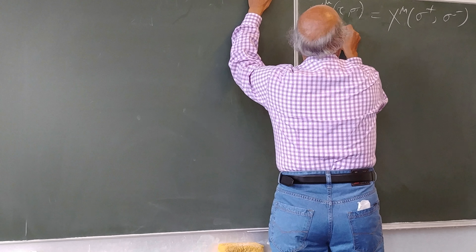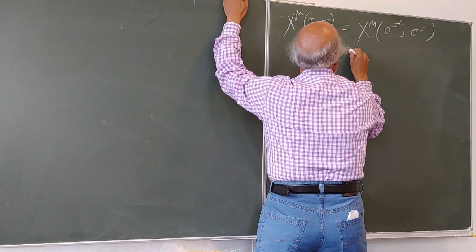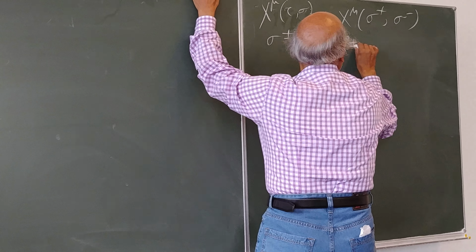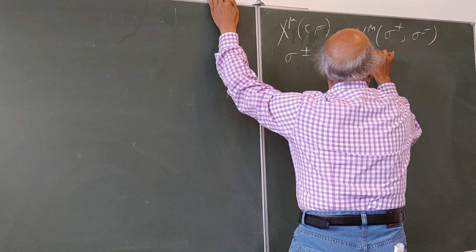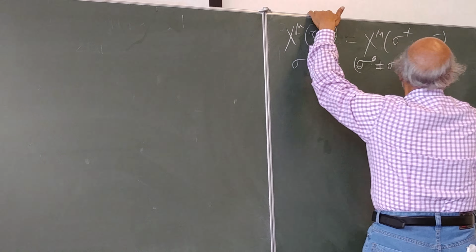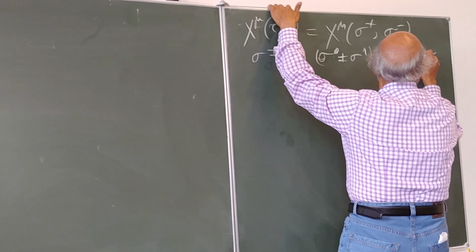Here sigma plus minus is sigma 0 plus minus sigma 1, or this is equal to tau plus minus sigma.